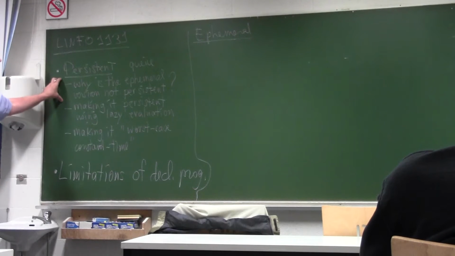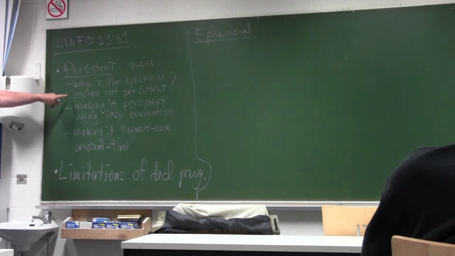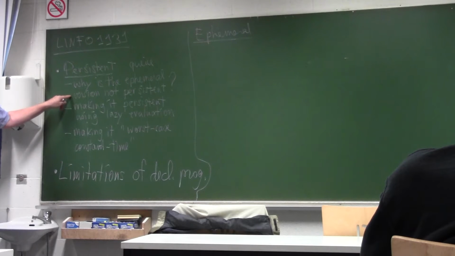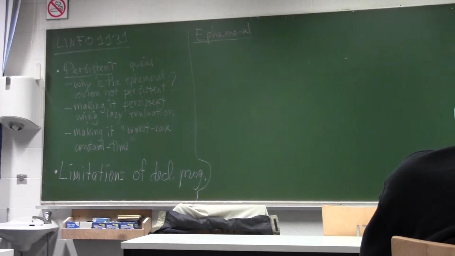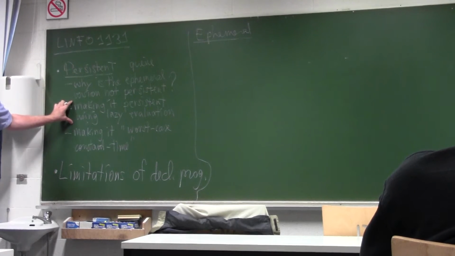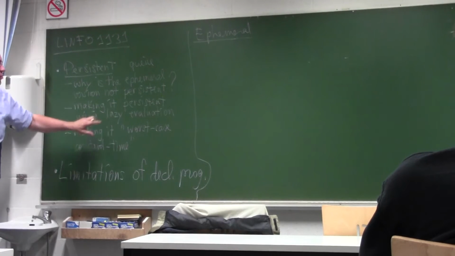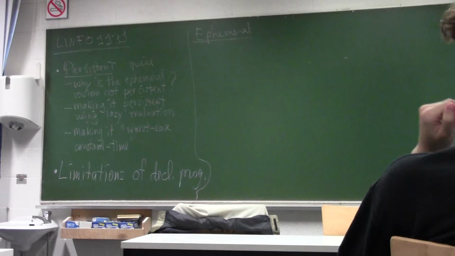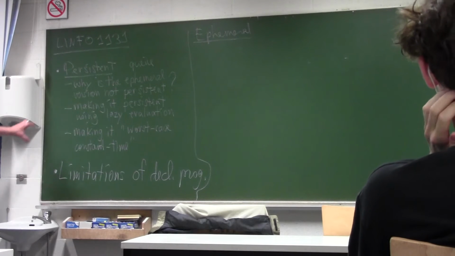Okay, so first I want to start by presenting the ephemeral Q we saw last time and showing you why it's not persistent. That's the first step, and then we will show how adding lazy evaluation can make it persistent.